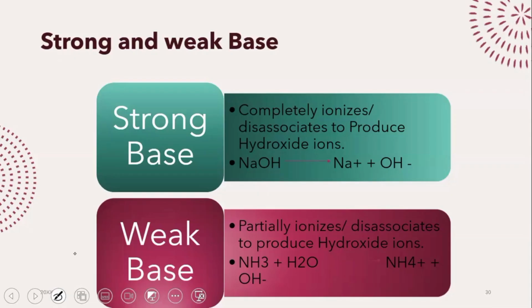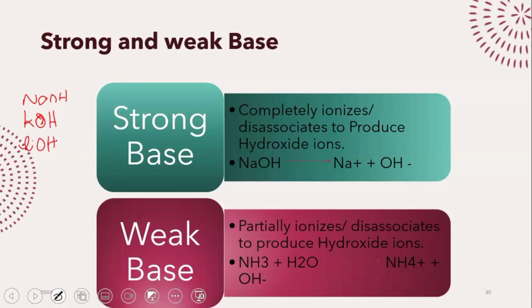Any base that is only going to ionize partially, it'll say, listen, you can take some of them, I'm going to be holding on to the rest of them, that's a weak base. Strong bases are in your group 1. What's in group 1 of the periodic table? Sodium hydroxide, potassium hydroxide, lithium hydroxide. Generally, your group 1 hydroxides are all considered to be pretty strong bases.